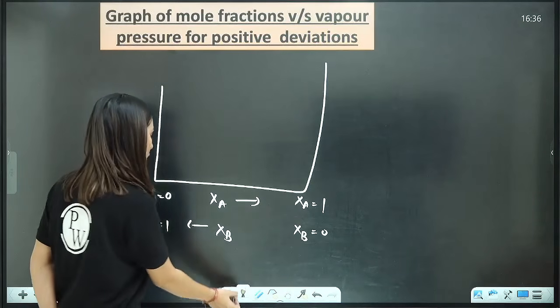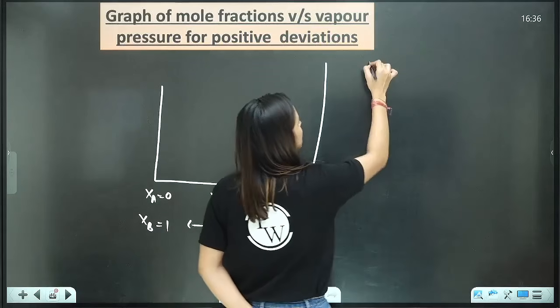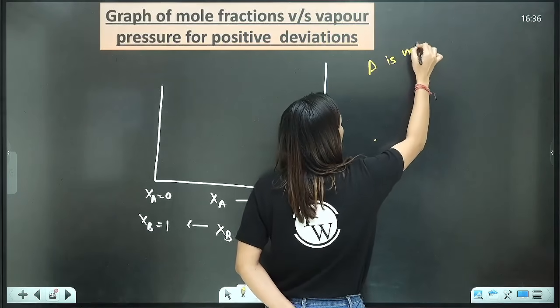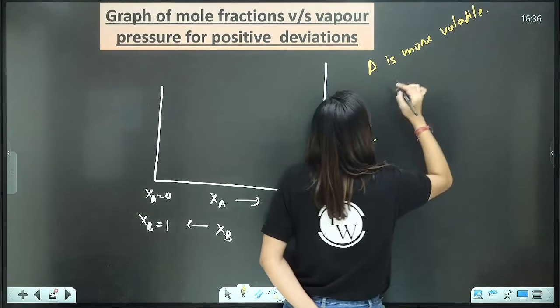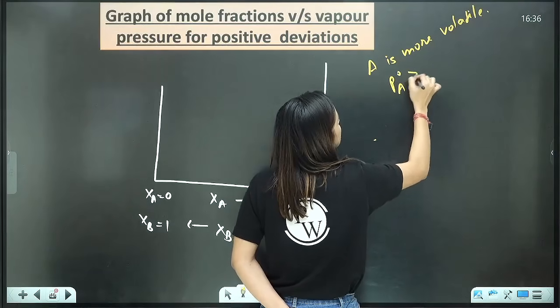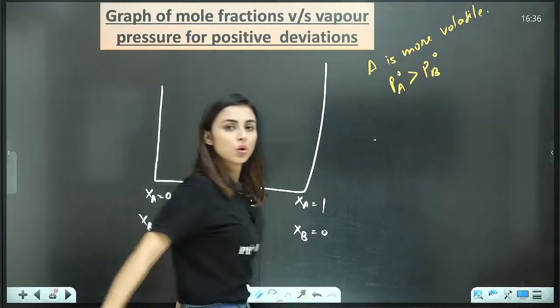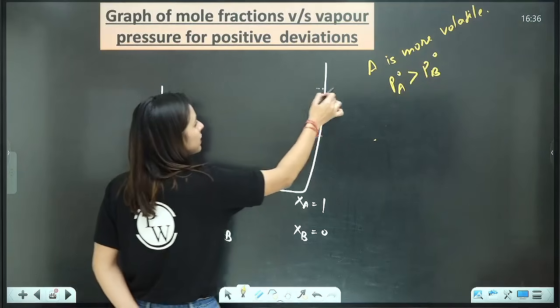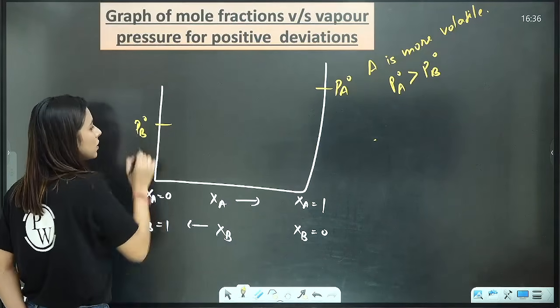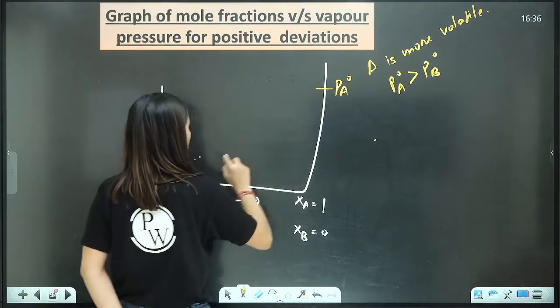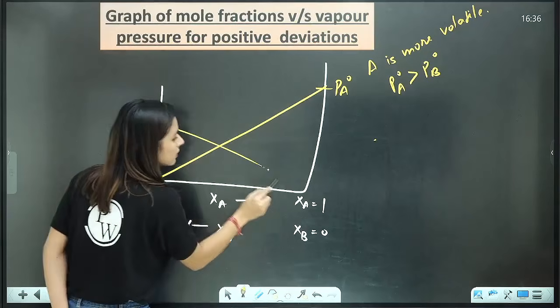Now, let us consider that A is more volatile. Now, if A is more volatile, then ma'am, PA naught is more than PB naught. Okay, perfect. So, here is PA naught and let us say here is PB naught. Yes, now add this and add this.